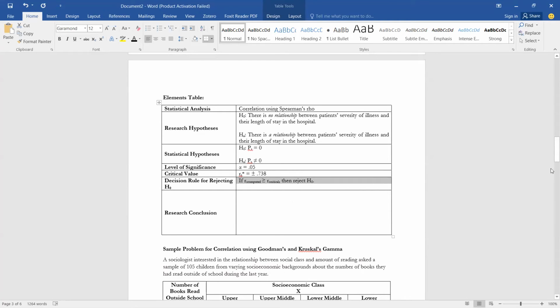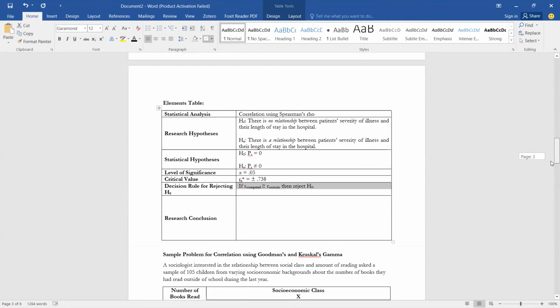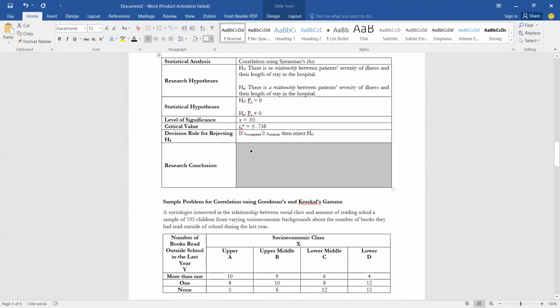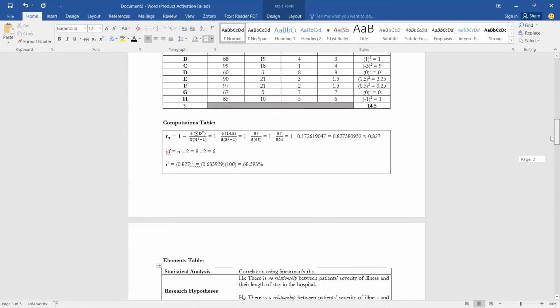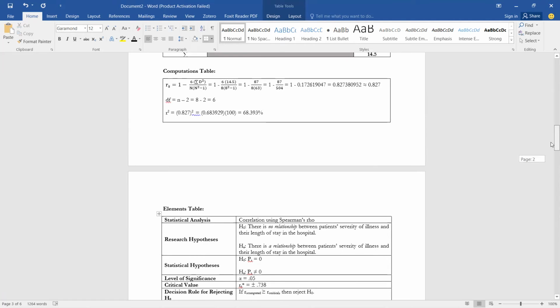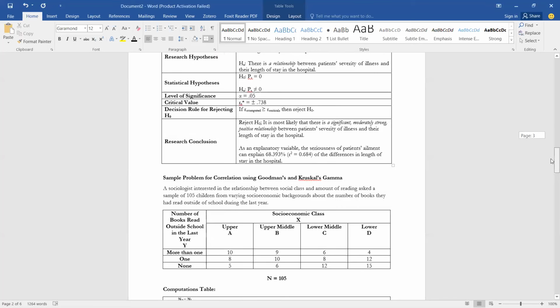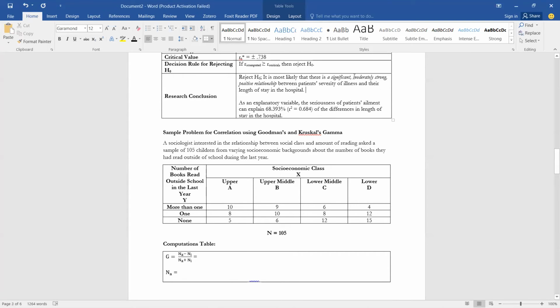So it seems that we should be rejecting it. So the correct answer for this problem is this. Reject H0. It is most likely that there's a significant, moderately strong. Is that correct? Let's find out. So I checked. So it's not moderately strong. It is actually strong.